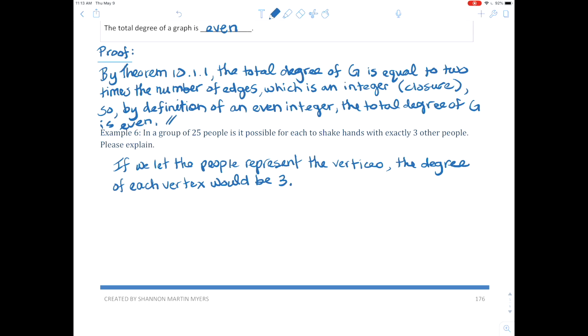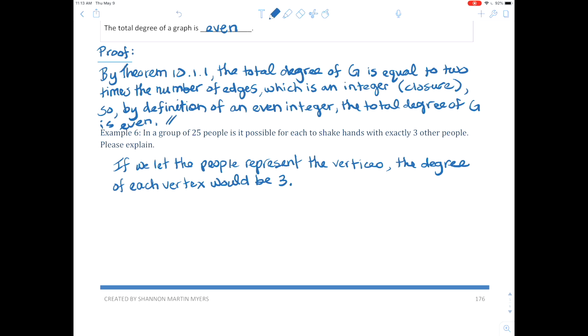So now, all right, the total degree of the graph would have to be what? You'd be multiplying the degree of each vertex by the 25 vertices, right?